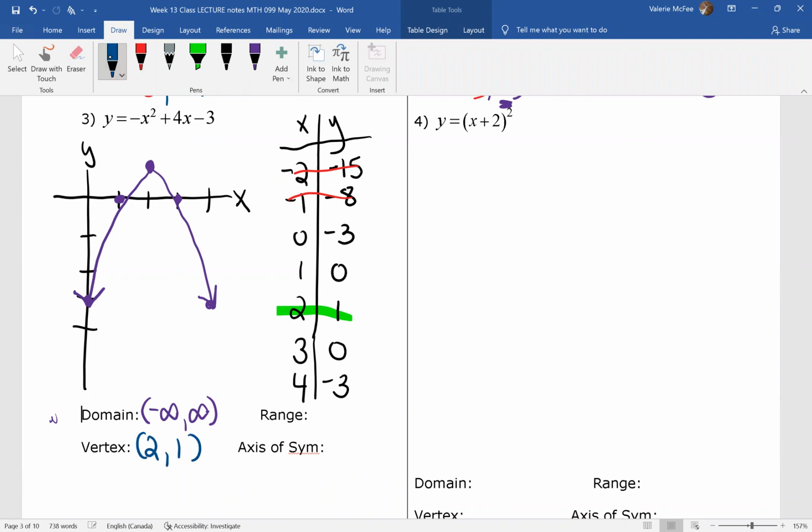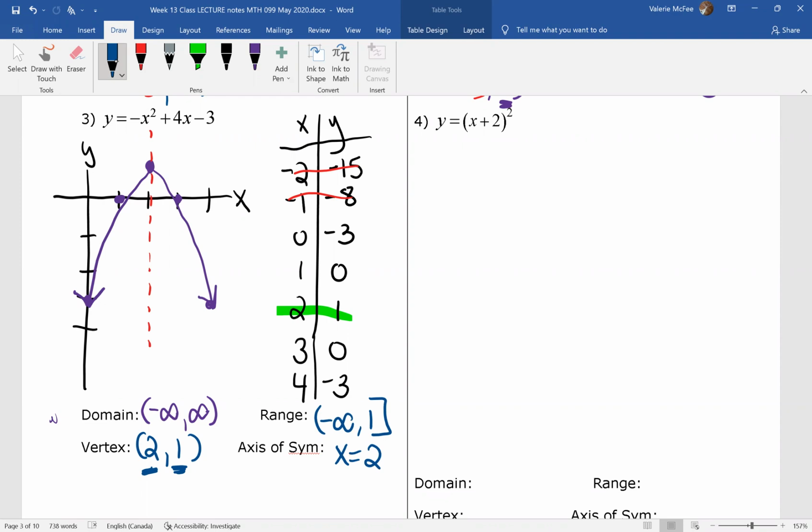So the range then, continuing down to -infinity, remember we always start at our lowest values, up to our highest y value in the range is at the vertex, a point on the graph. The axis of symmetry is that line through the vertex. What is it this time? x equals 2, not 0.